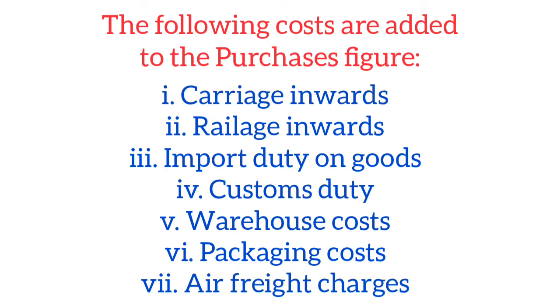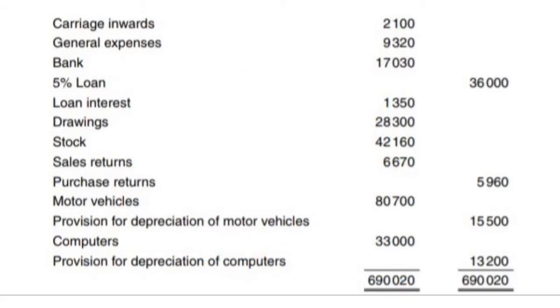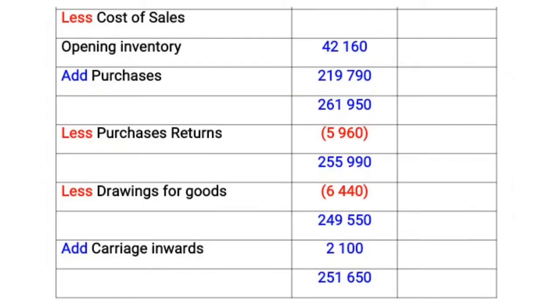That's why we have to add carriage inwards on purchases. So carriage inwards are amounting to 2,100. So I'm going to add 2,100 on 249,550. So you are going to come out with 251,650. I hope you are listening, class.